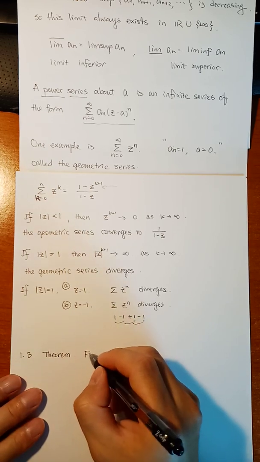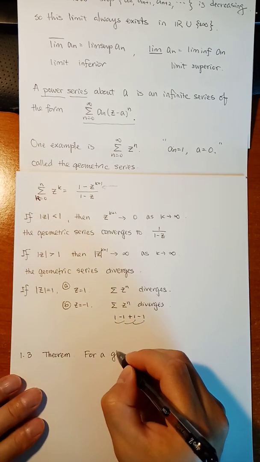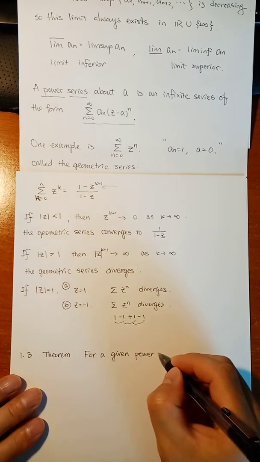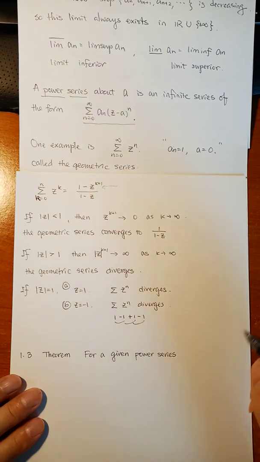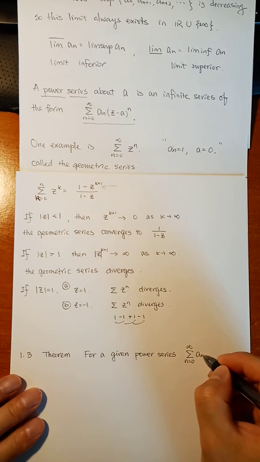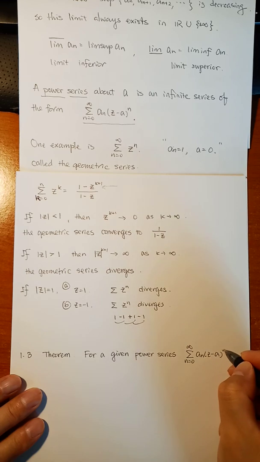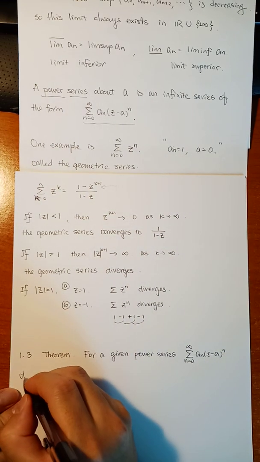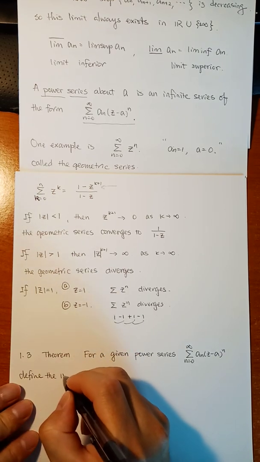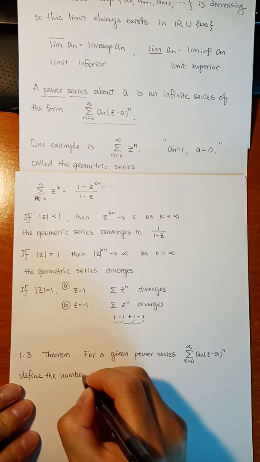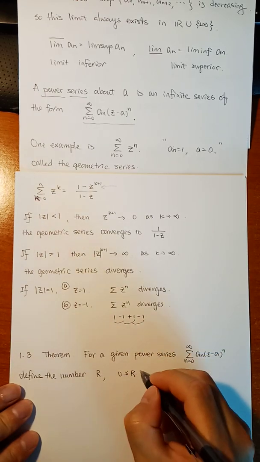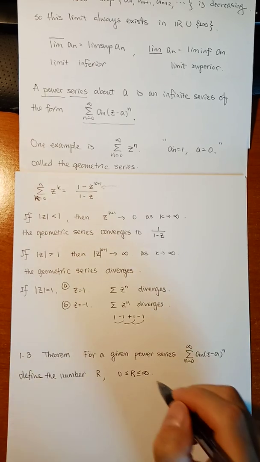The theorem says for a given power series, the sum over n from 0 to infinity of a_n times (z minus a) to the nth power, define the number R. Here this R could be between 0 and infinity. It can be 0, it can be infinity.